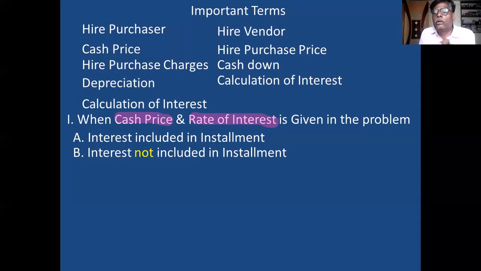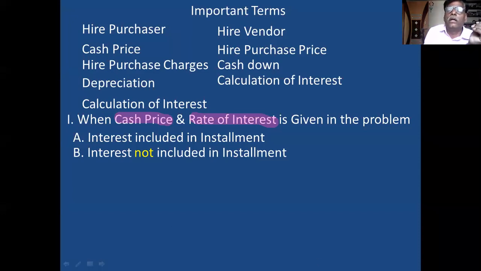Then compare that total to the cash price. If it is equal to cash price, then interest is not included. If the total payment is more than cash price, then interest is included. I'll explain this with the help of one example in the next class.